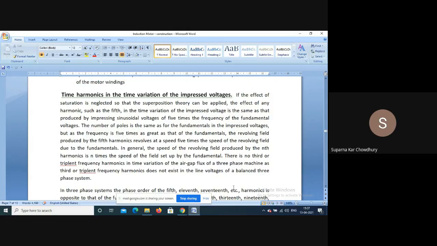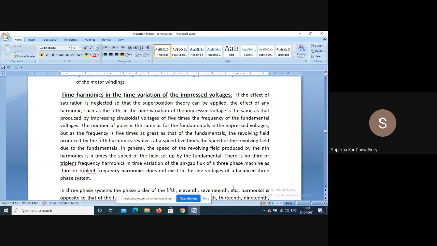Now, what are the harmonics present? As we have a star delta connection, we know that third and triplen frequency harmonics are absent. Obviously, there is no even harmonic because of the symmetry.